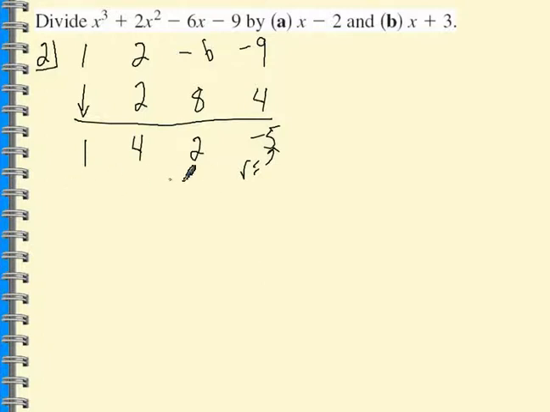But what do these other numbers represent? Well, what these other numbers represent are coefficients of our x terms. This is our constant term. This is our x term. This is our x squared term.